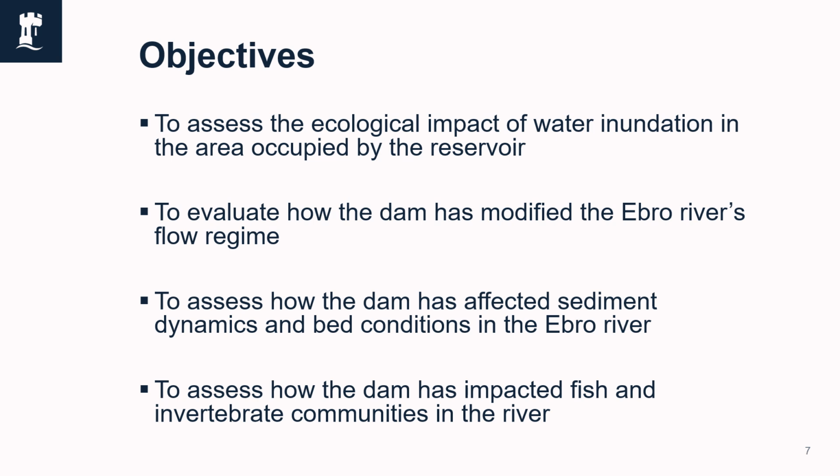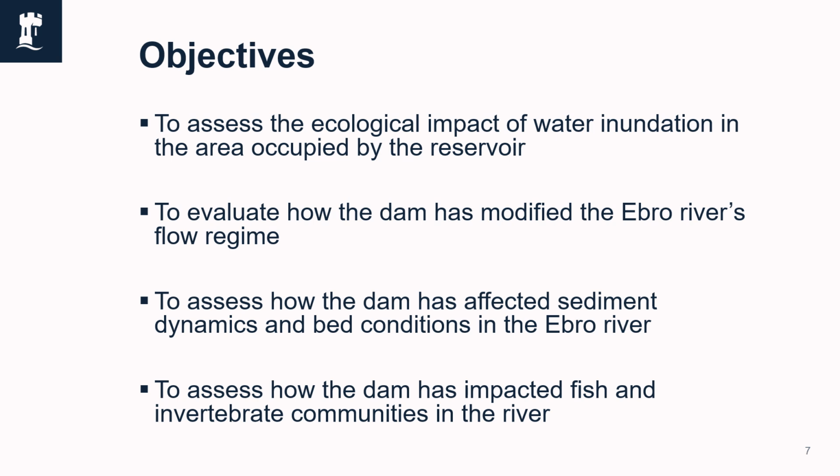But also, because of the way dams release water, there are also impacts on the downstream river. But there are a number of different types of effect on the downstream river. And so these 4 objectives allow us to address both the impacts in the area occupied or inundated by the lake, but also different types of effects on the downstream river. The first of our objectives is about understanding the impacts in the area occupied by the reservoir, and then the next 3 are looking at the downstream river.